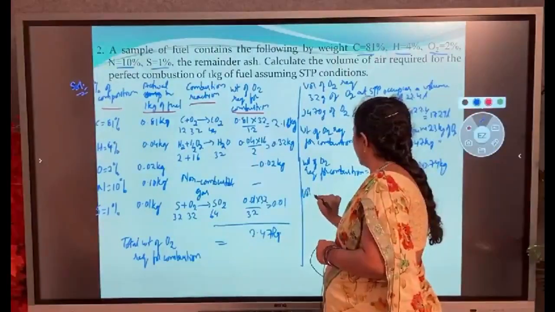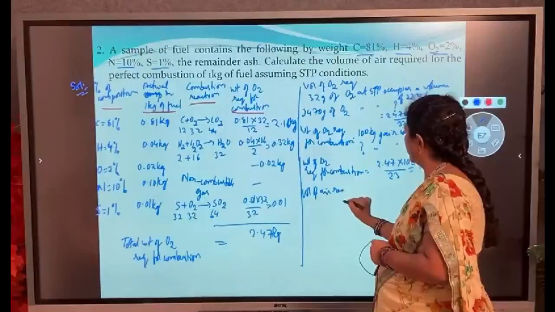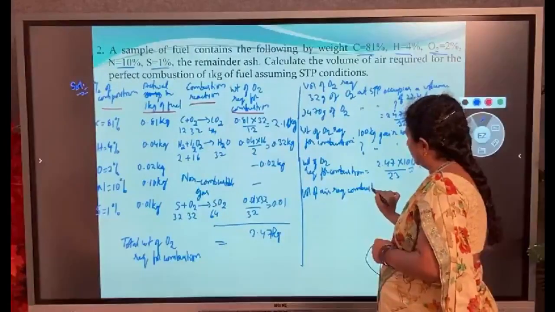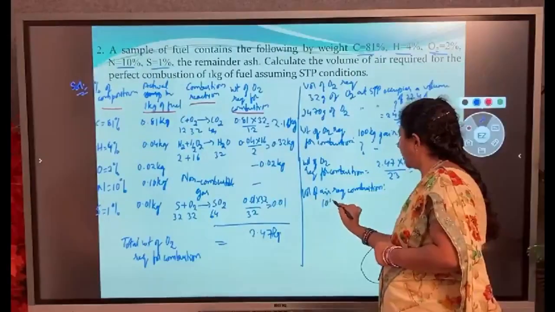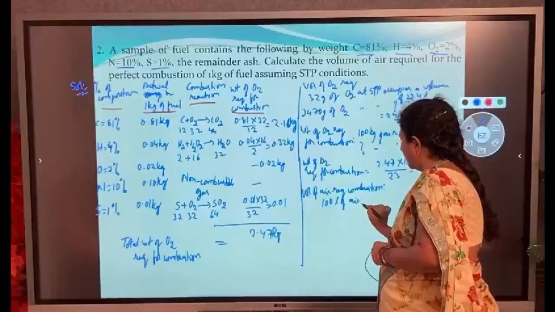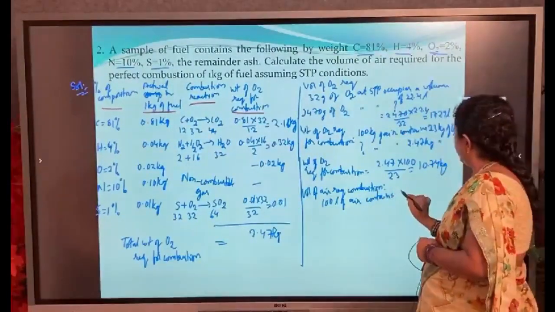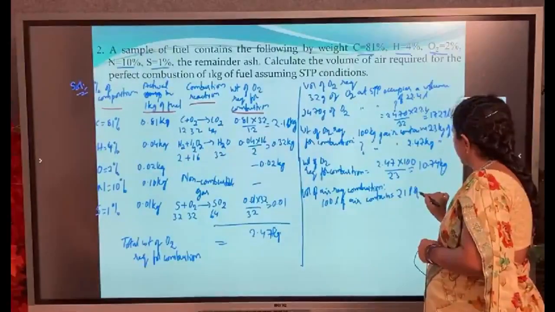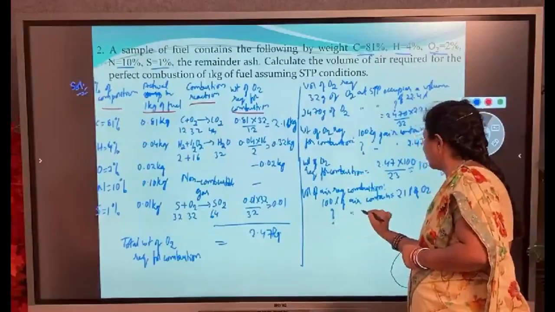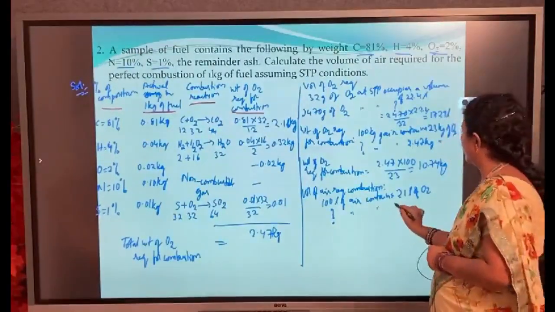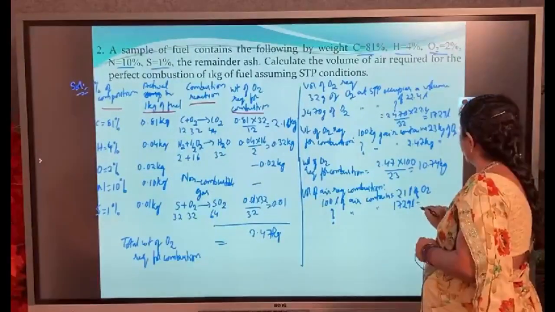Now, volume of air required for combustion. 100 liters of air contains 21 liters of oxygen. Now, how many liters of air contains 1729 liters of oxygen?